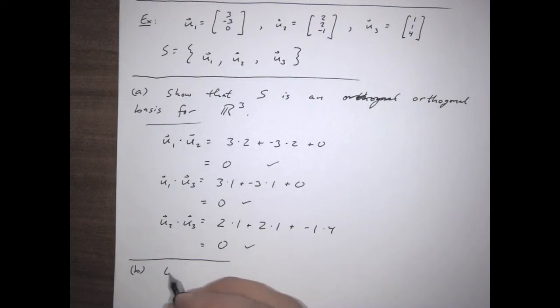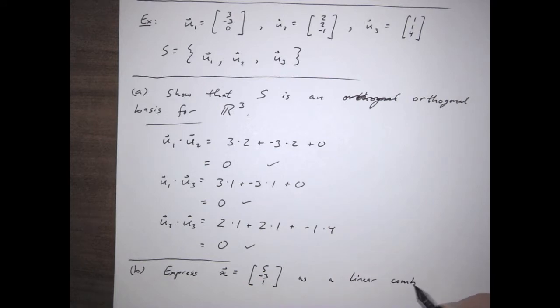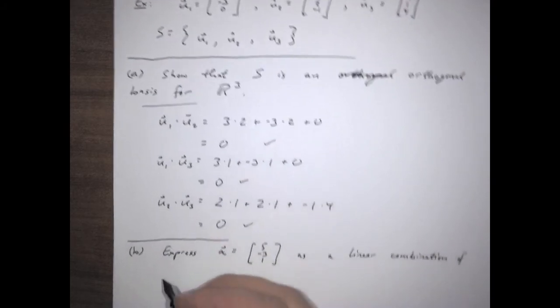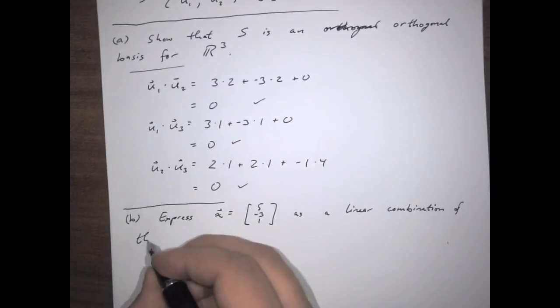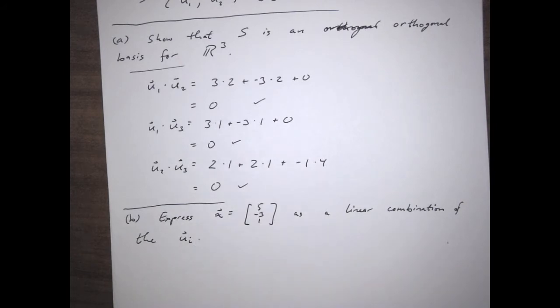So now B, express x, which equals 5, negative 3, 1, as a linear combination of the ui.